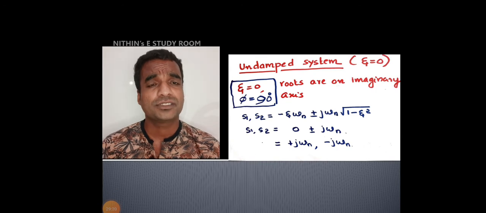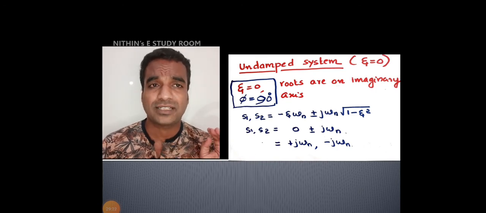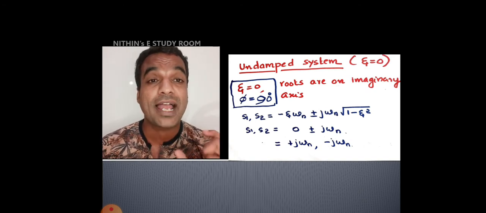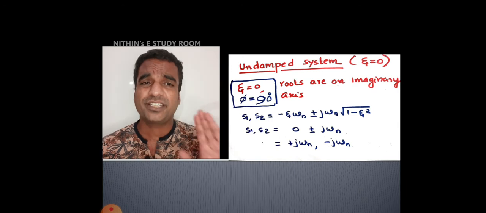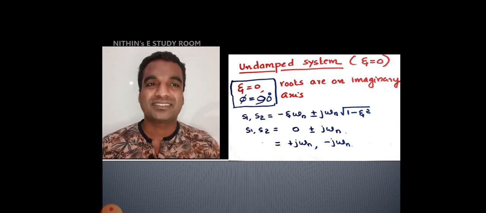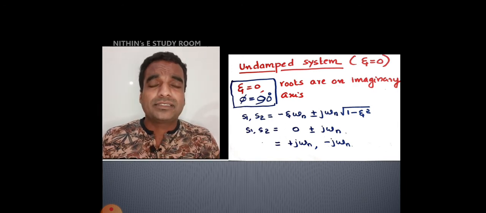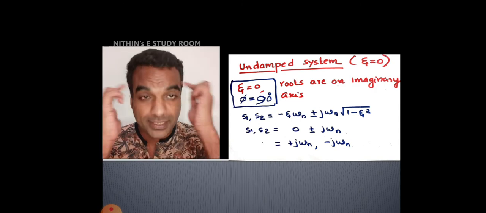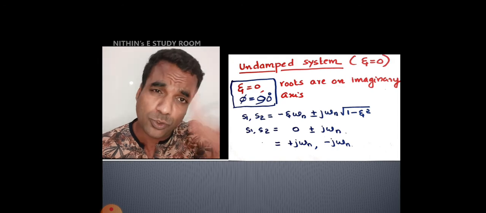Second order system has a number of classifications: undamped, underdamped, overdamped, critically damped. All these are done based on the value of eta. How much friction you are providing to stabilize the system. If you are not providing any stabilization, the system will be oscillating. It will never reach the final value. That is the thing you have to remember. It will oscillate always.